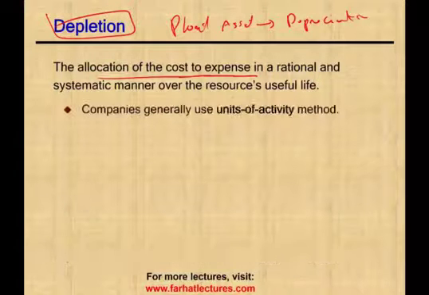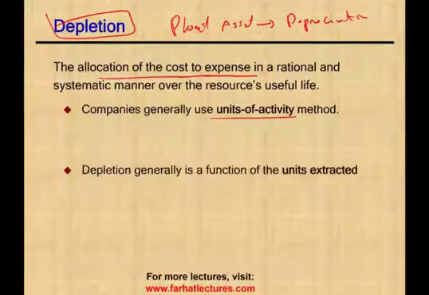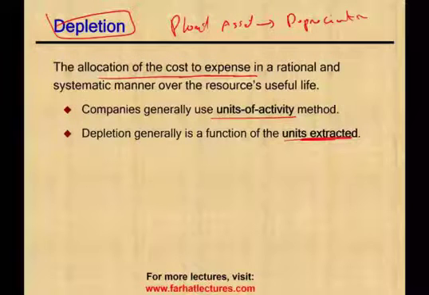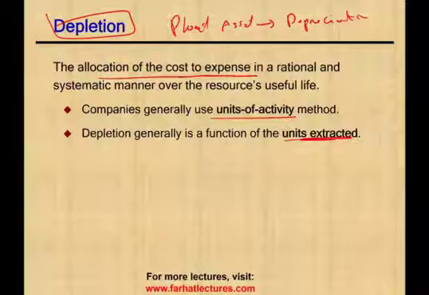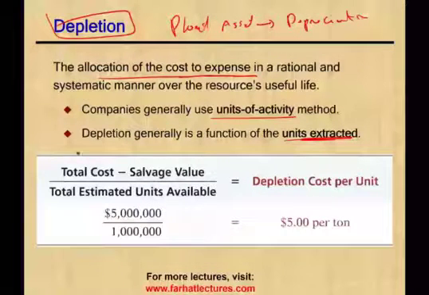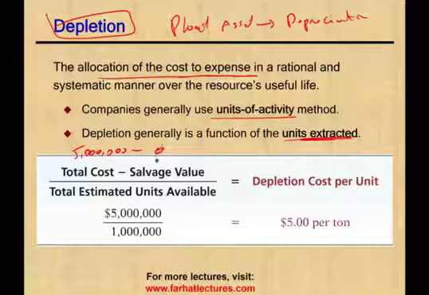Companies generally use something called units of activity, and depletion is generally a function of the units extracted. Because it's easy. Why? Because if you're extracting oil, you pay something. Let's assume you paid $5 million to buy an oil well in Texas, and the salvage value is 0.